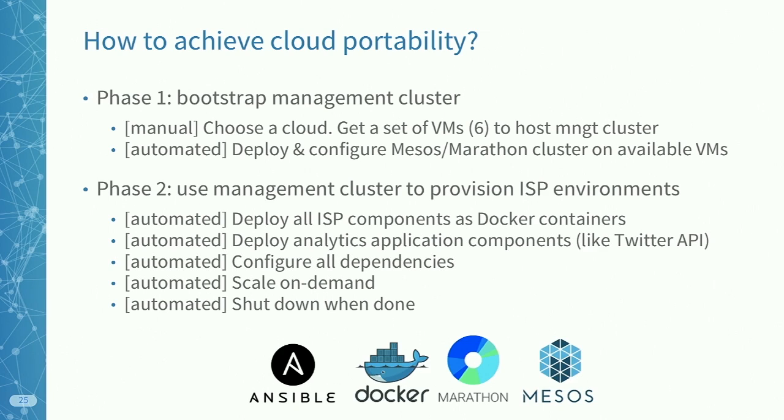Once you get the brains, you can go to phase two, and that piece can be completely automated. You use that management cluster to provision the rest of the ISP environment. First, you bring up a bunch of different components as containers. Then you need to deploy applications.